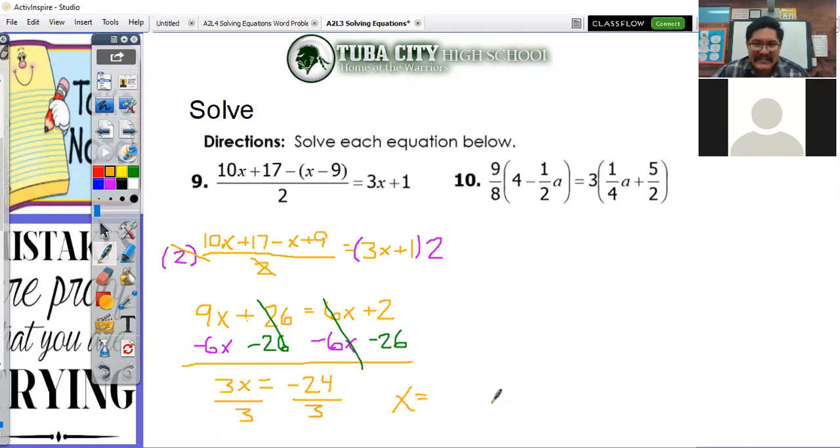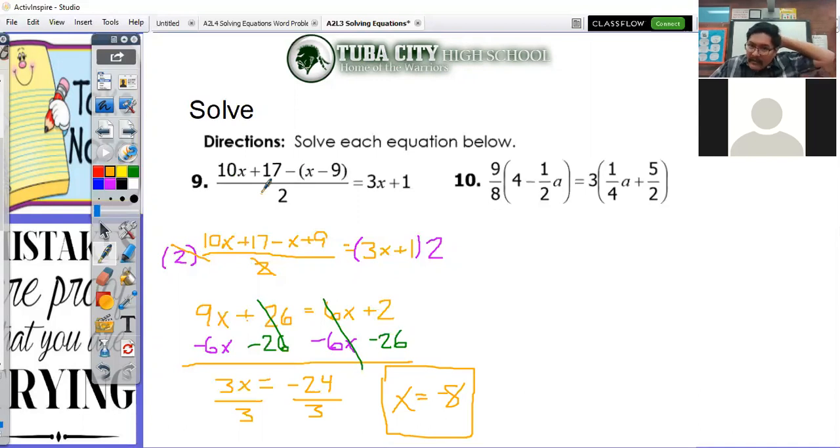And especially the fractions, like I said, those fraction ones, oh man. Okay. Just divide this, negative 24 divided by 3, you get negative 8. There we go. Okay. So it's just that getting rid of the 2 thing, that's the main one that I think we're going to have a problem with.